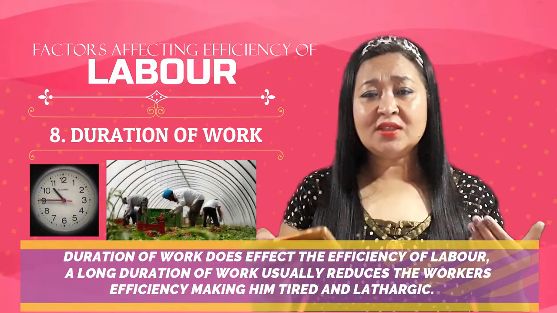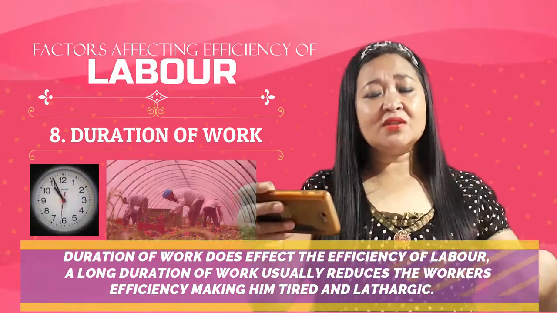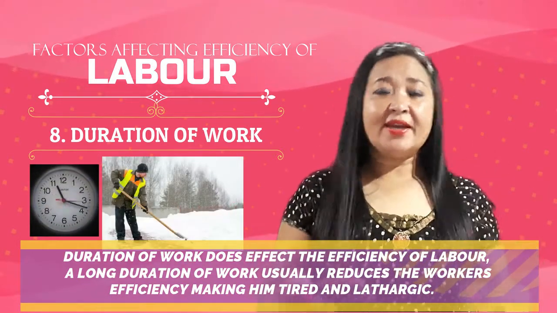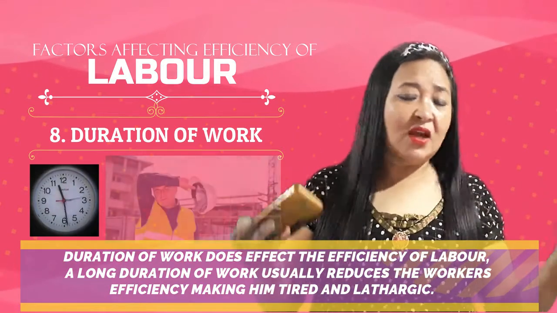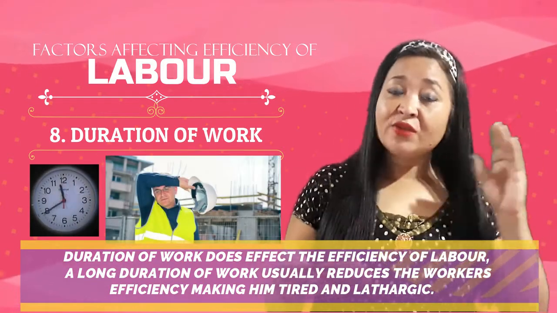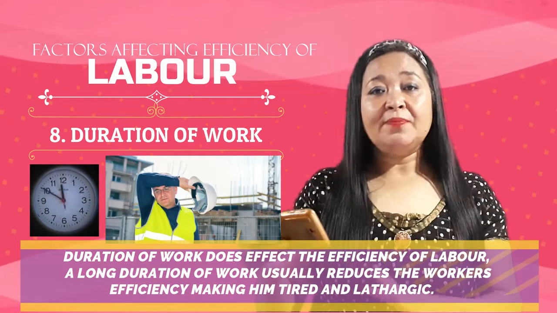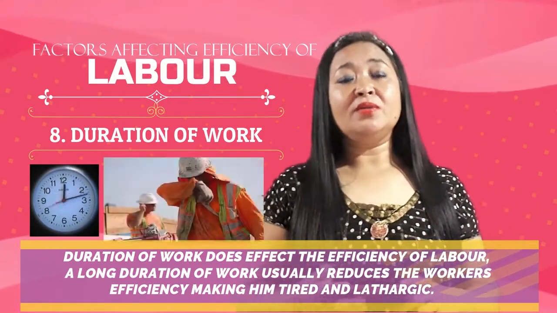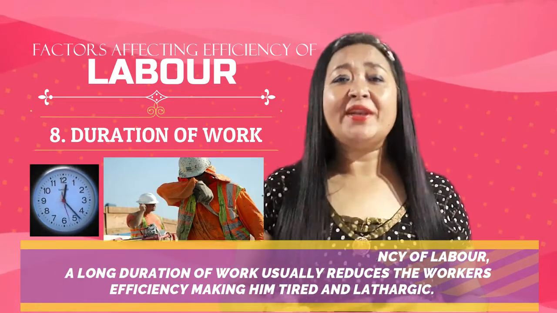Tired and lethargic, isn't it? So it reduces your efficiency, making you very tired and lethargic or sometimes unwell also. So duration of work is also very important. Maximum, workers should not be made to work more than 8 hours rather.